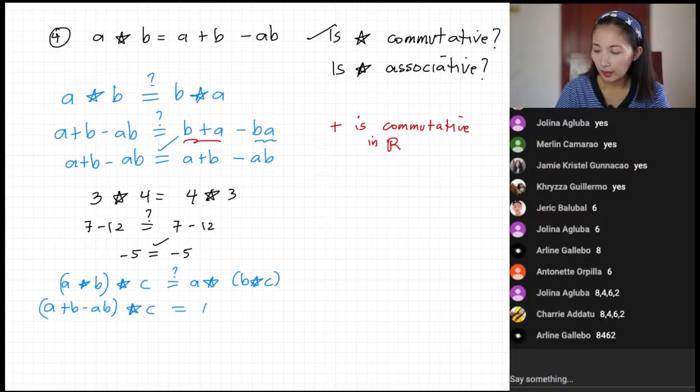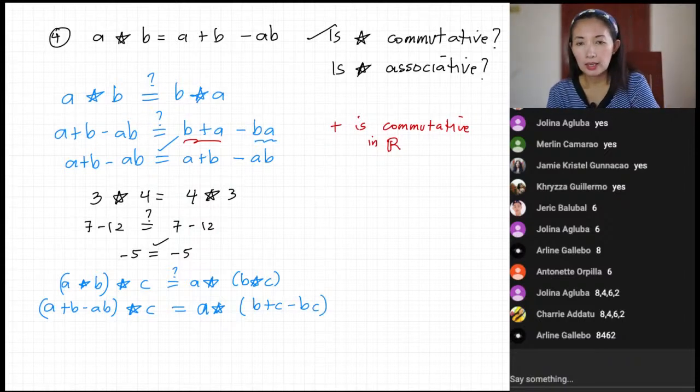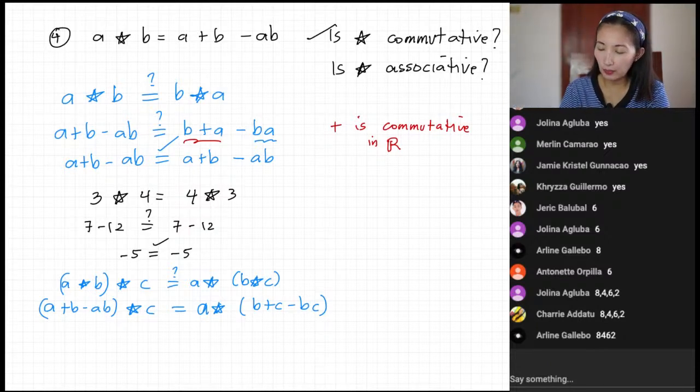How about here? A star, operate on B star C. This will be the quantity B plus C minus BC. Now apply the formula once again, or the definition.